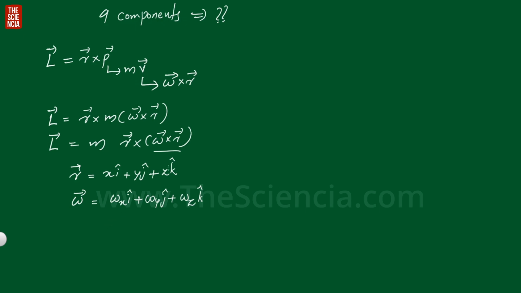Now, how to calculate omega cross r? I think you know how to do this multiplication. Omega cross r is equal to the determinant with rows i j k, then the components of omega: omega x, omega y, omega z, and the components of r: x, y, z.